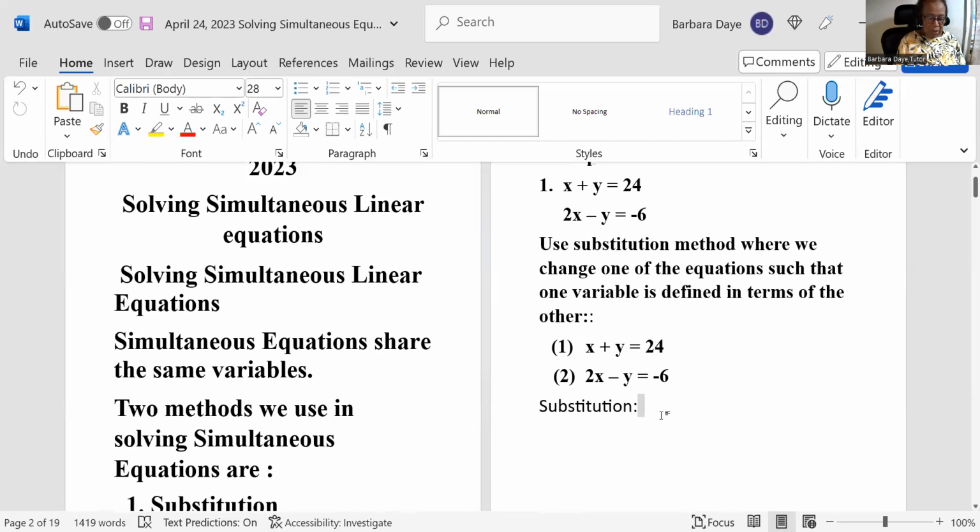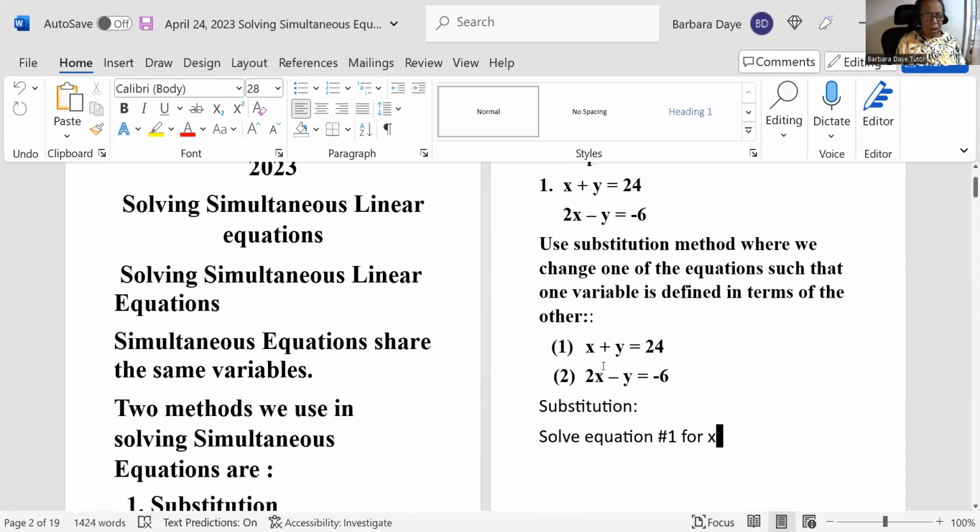Solve equation 1 for x. So Mercedes, equation 1 for x, what would that be? Here's equation 1. What would x be equal to? Like 12.